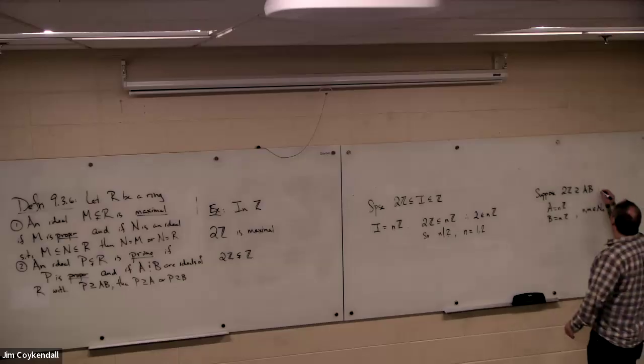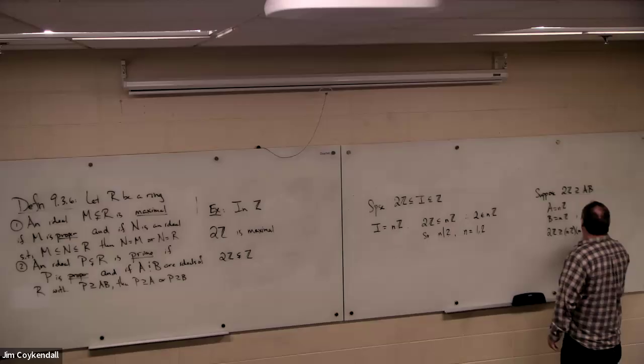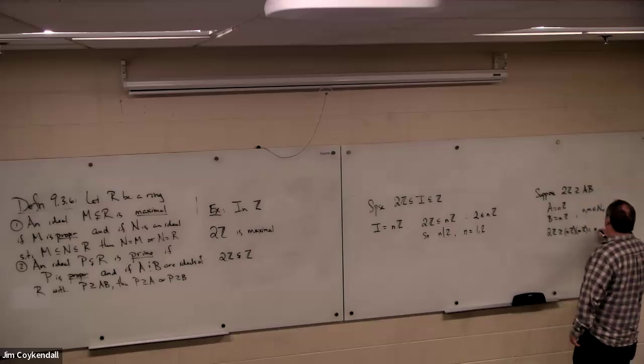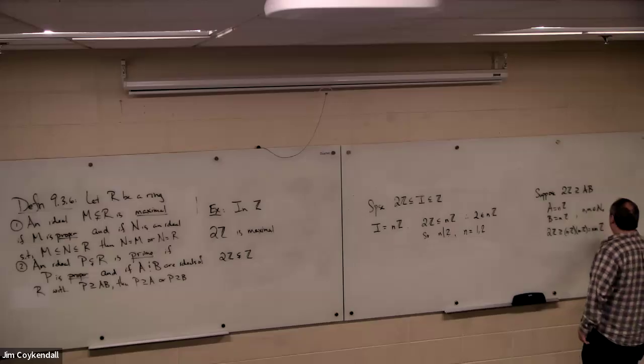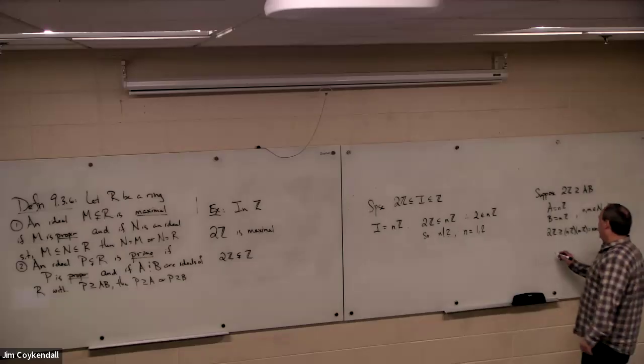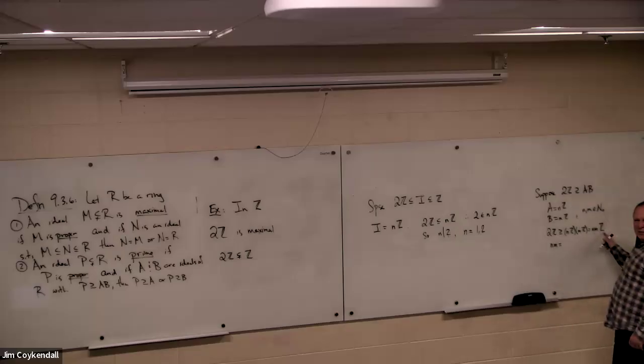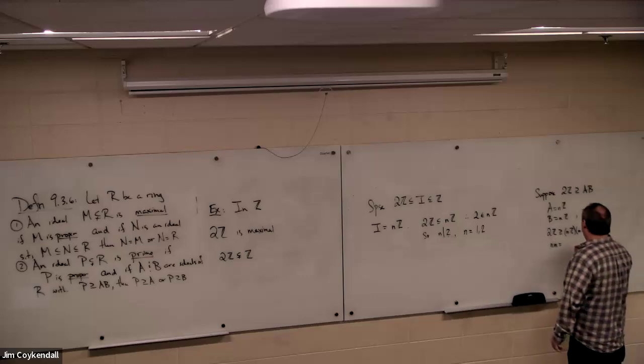This means that 2Z contains nZ times mZ, which it's not difficult to show is nmZ. So this is the same trick I used before: nm lives here, so it lives here.